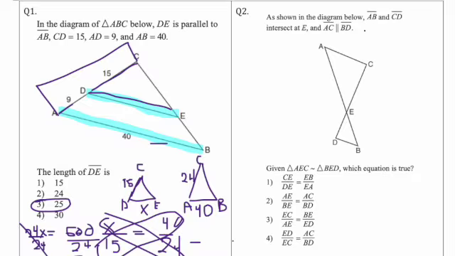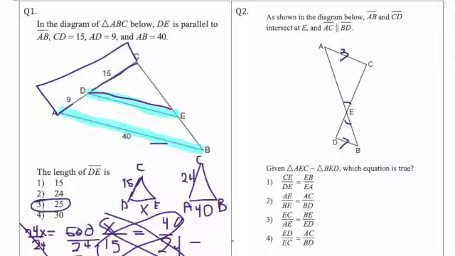Okay, as shown in the diagram below, AB and CD intersect at E. Okay, so we know vertical angles, and AC is parallel to BD. Okay, given triangle ABC is similar to triangle BED, which equation is true?